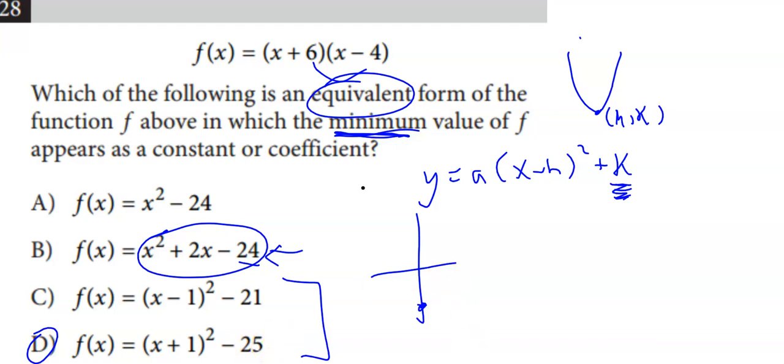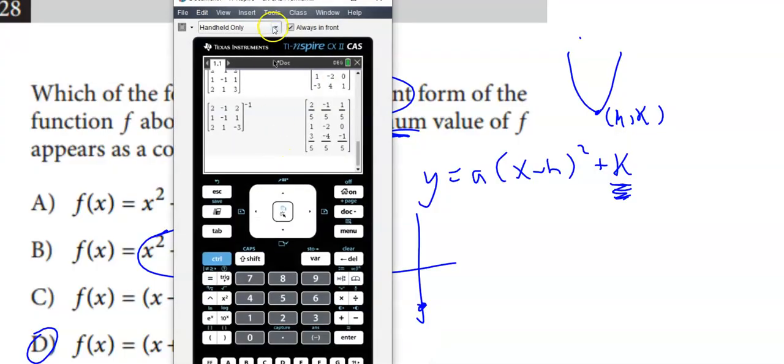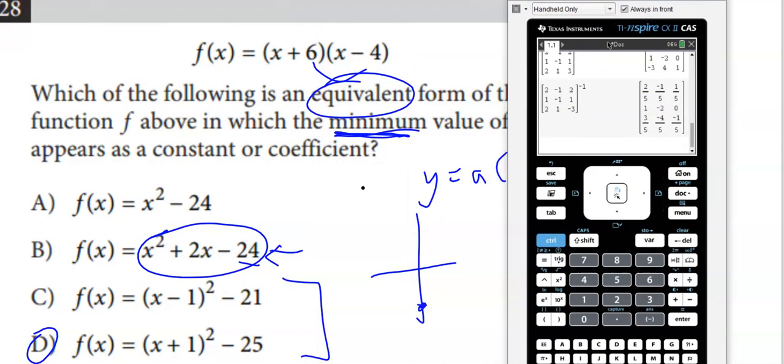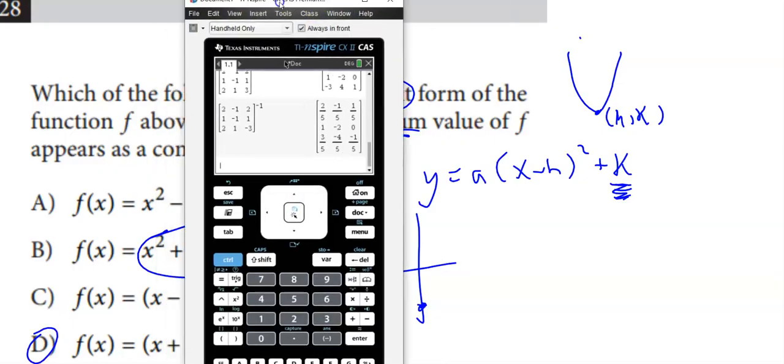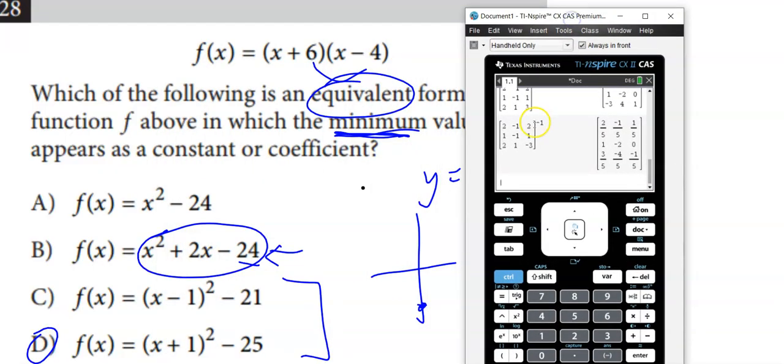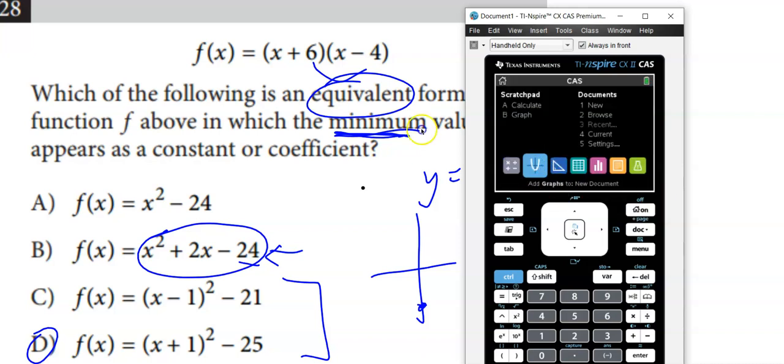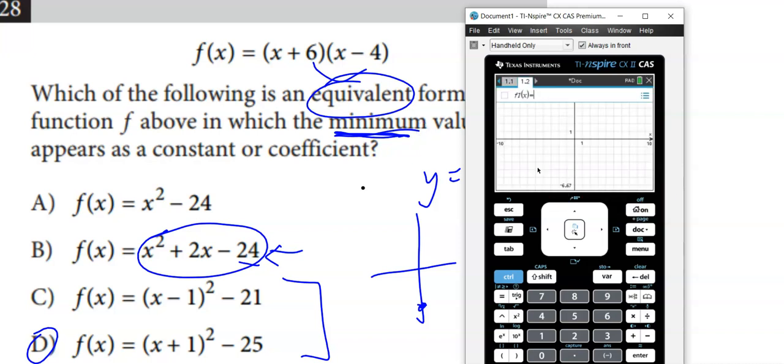If you're able to use your calculator, you could graph this guy. Just see real quickly. I'm not sure if this is a calculator question or not, but if it was, you could definitely graph it. So this would be x plus 6 times x minus 4.